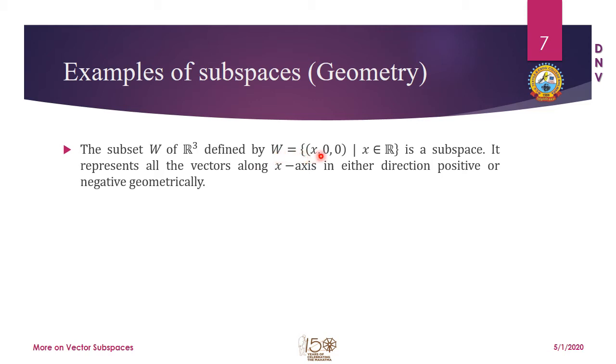And third, if I multiply this vector by any scalar alpha or a, then it becomes (ax, 0, 0). So again, it is not going to lose the nature of this vector, and hence we say that the third condition is also satisfied. So having met all three conditions, this collection of vectors along the x-axis is a subspace of R cube, that is, three-dimensional Cartesian space.